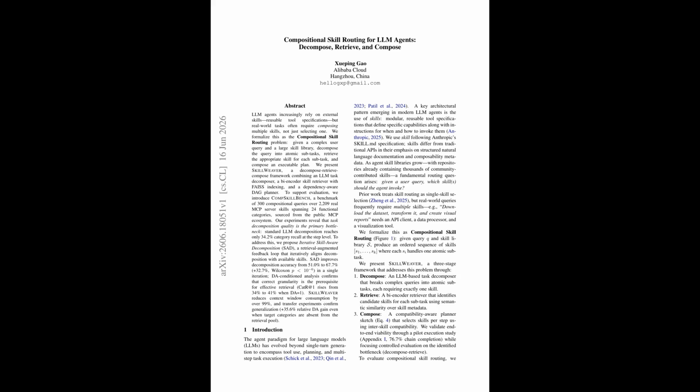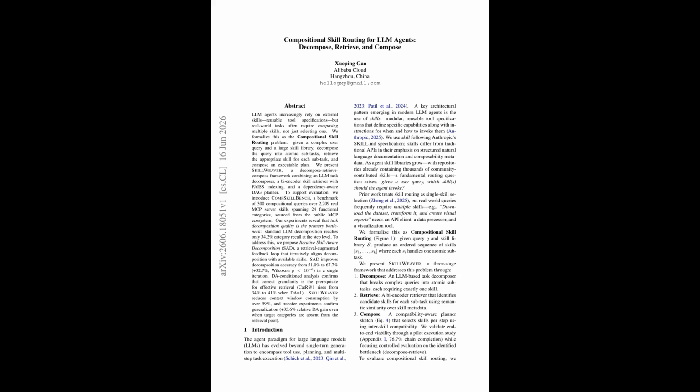Showing the model the actual skill names and descriptions from a first-pass retrieval gives it a glimpse of the target vocabulary, which mostly helps it pick the right granularity, the right number of steps at the right level of abstraction, rather than just rewording.